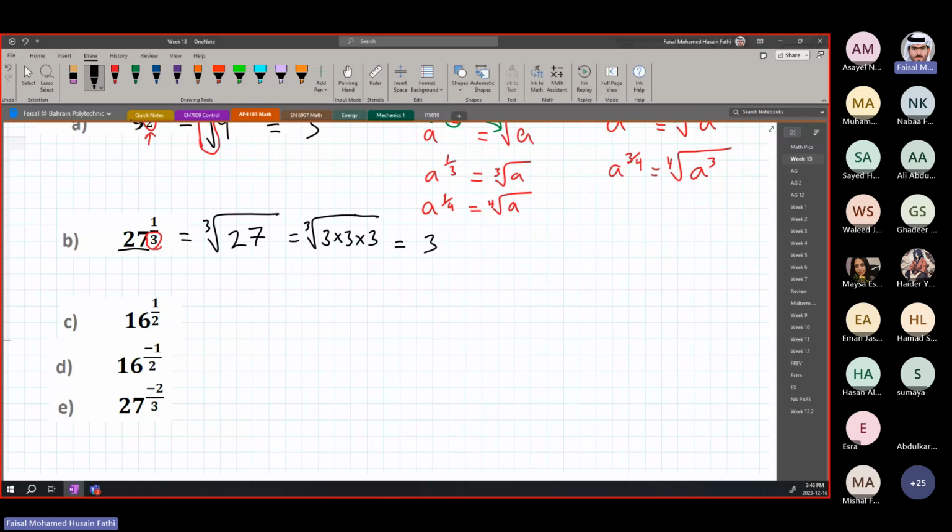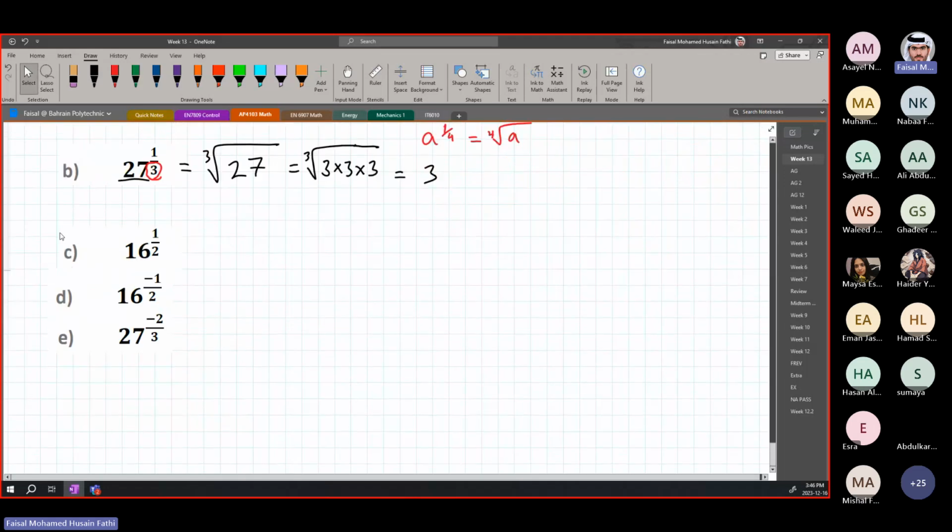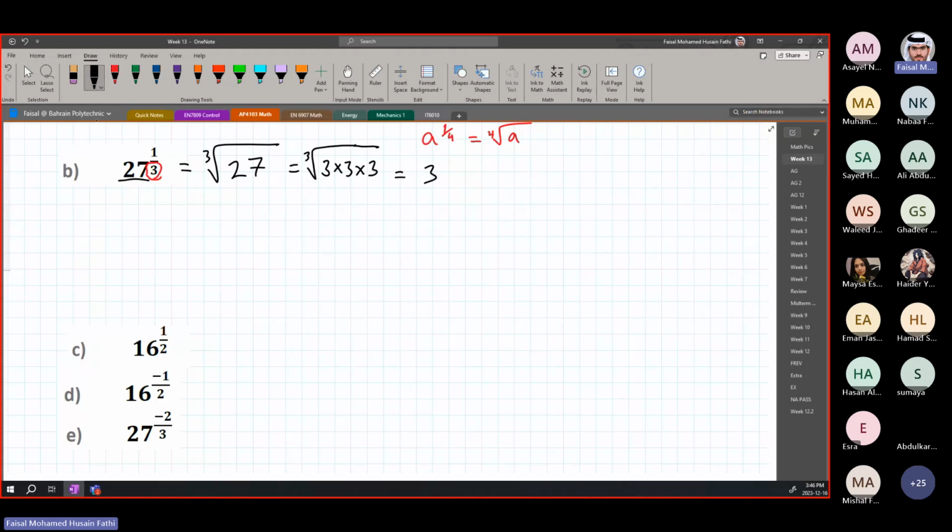Let me elaborate a little bit more on this. Let me just give you guys the idea, the concept behind this. If you do 3 times 3 times 3, this is equal to 27. Which means 3 cubed is equal to 27.